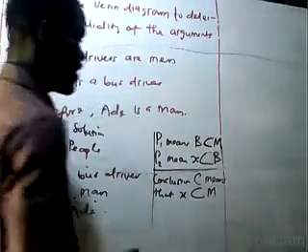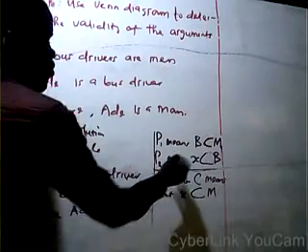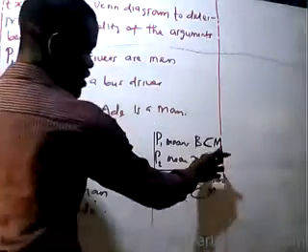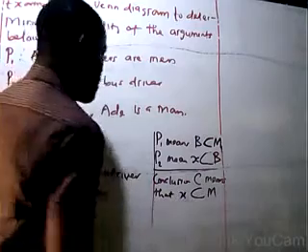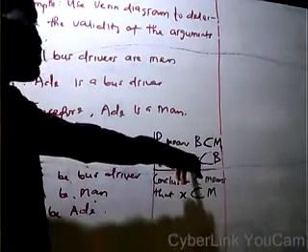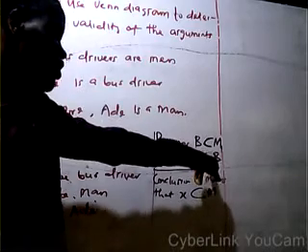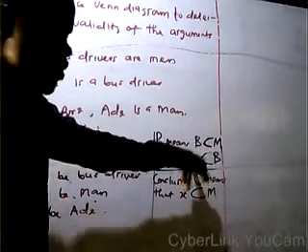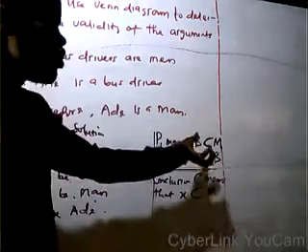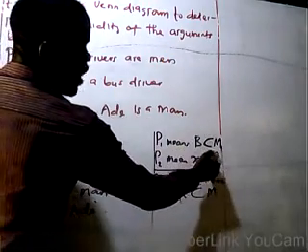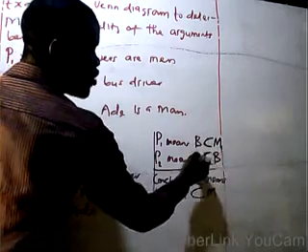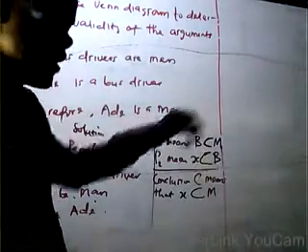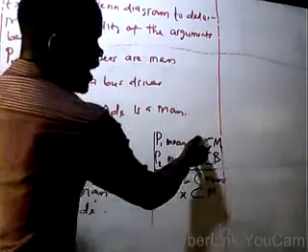Even without drawing anything, once you see the first premise, the second premise, and the conclusion, definitely if X is a subset of B and B is also a subset of M, automatically X is also a subset of M. Once one of the values here and here are the same, that is a sign that the statement is going to be valid, because it means there is a link between them.